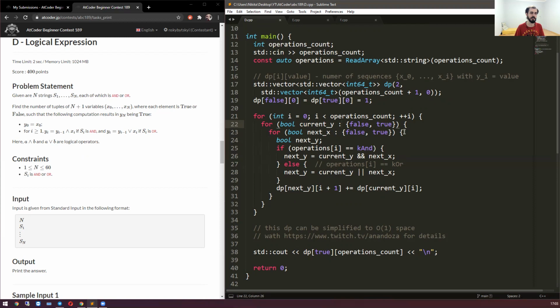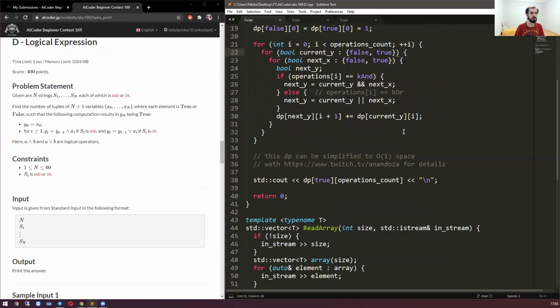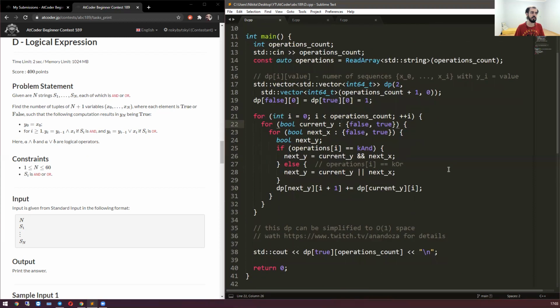I find it very nice. But yeah, if you think for a little bit longer, you can find a specific representation of your value in terms of a sum of some powers of 2.